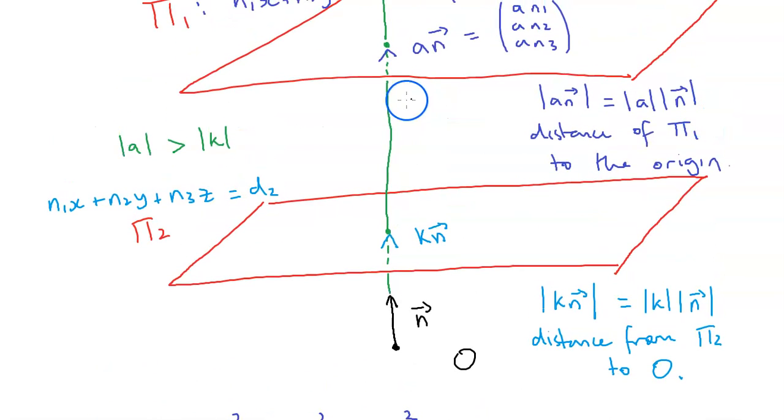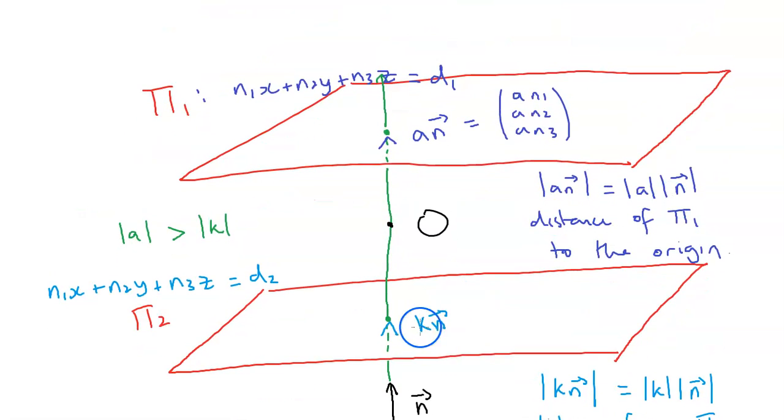And if instead we have the origin is in the middle of the two planes, you can make the exact same argument, because nowhere here did I assume that a is positive or negative or k is positive or negative. So you can still take the vector an and you can still take the vector kn, where this time k would be less than 0 if n is going in that direction, but it doesn't really matter.